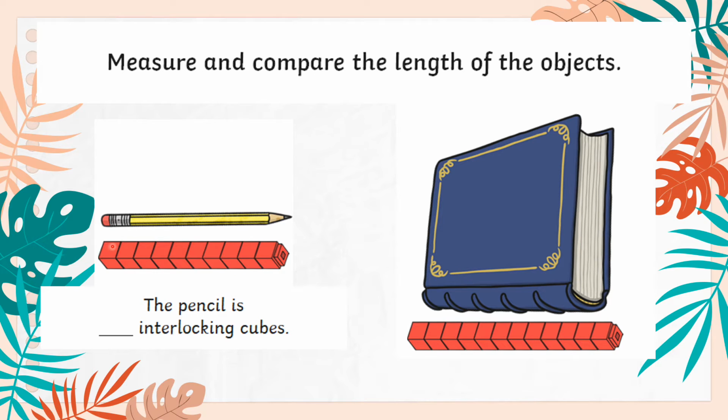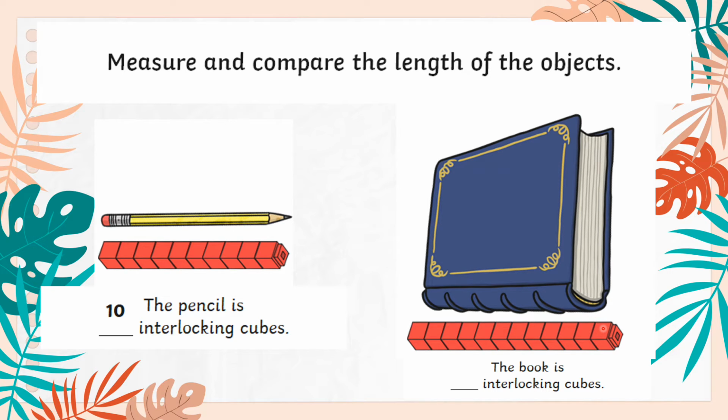We have 1, 2, 3, 4, 5, 6, 7, 8, 9, 10. The pencil is 10 interlocking cubes. Now let's see how many interlocking cubes make up the length of the book. 1, 2, 3, 4, 5, 6, 7, 8, 9, 10, 11, 12.